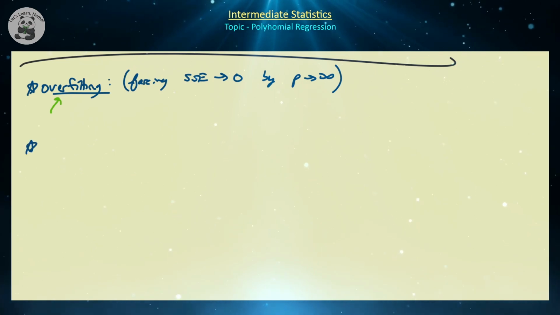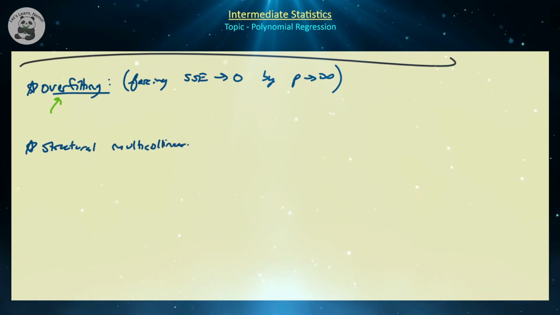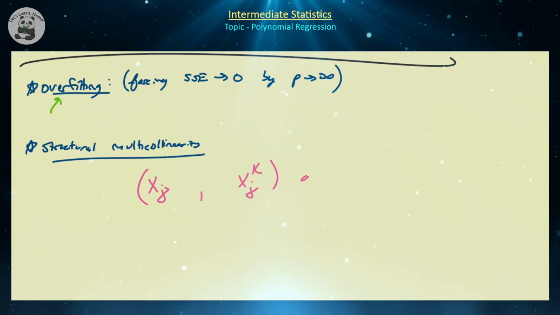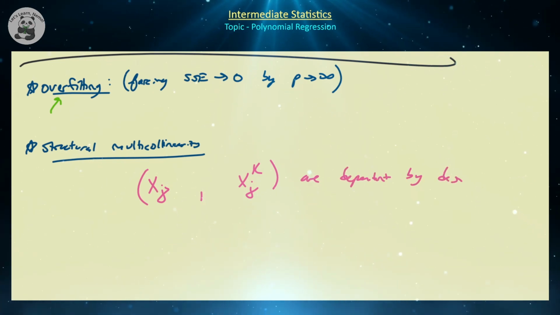The second issue that we have is what is referred to as structural multicollinearity. Some people just call it structure collinearity or just multicollinearity. And what that is, is when we introduce, for example, a predictor and that predictor raised to a power, obviously these two variables are dependent by design.